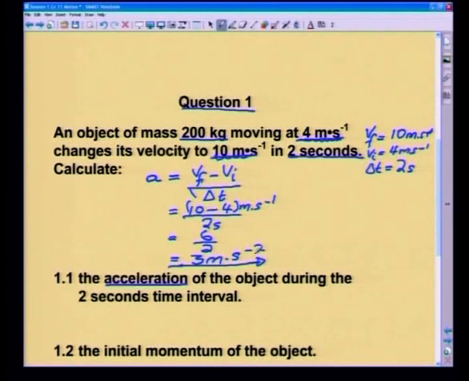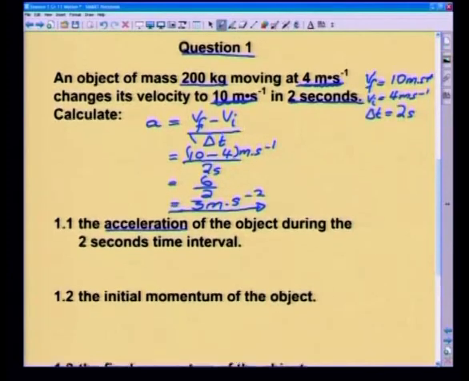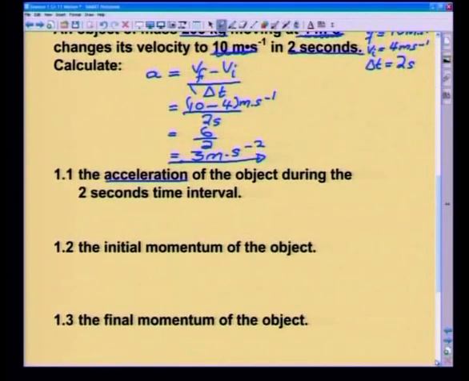Right. Now, we continue in this problem, trying to solve it. We are also asked to find the initial momentum of the object. Now, I like the word initial. Initial means the earlier one. For us to answer that, we need to go back to our velocities and say which one was the initial.